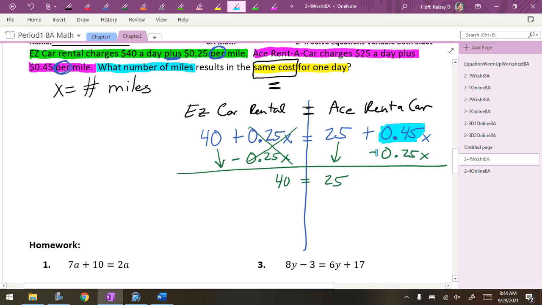0.45 minus 0.25. 0.2. Anybody else get 0.2? Yes? You should have. 0.2x.